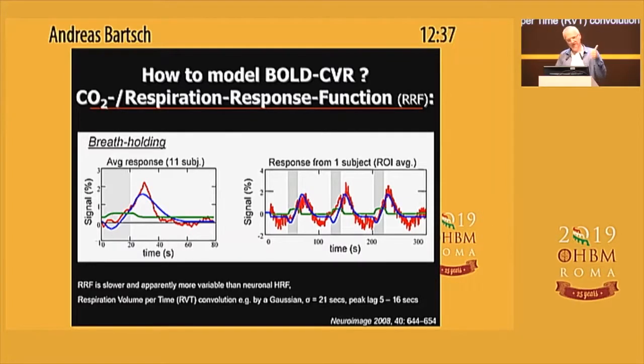The RRF is slower than the HRF, for one, and it's more variable. It can be shifted by 20 seconds across individuals. So if you tell people, hold your breath, and you compare the delay of the response, then this can be shifted. Even though the people did comply with the breath hold perfectly, it varies by about 20 seconds, which is a lot.